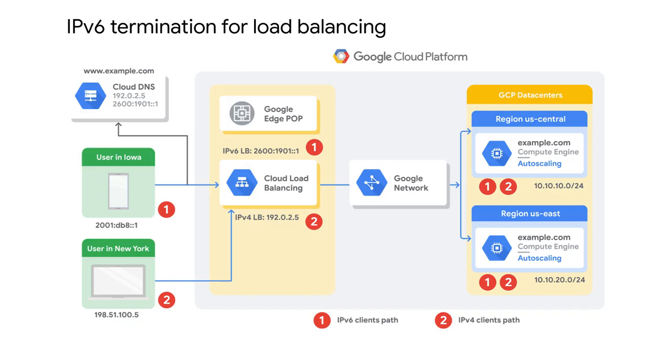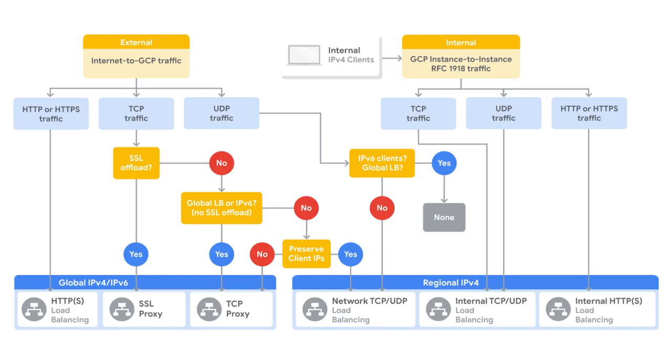IPv6 clients. Now, in order to decide which load balancer best suits your implementation of GCP, consider the following aspects of cloud load balancing: global versus regional load balancing, external versus internal load balancing, and the traffic type. If you need an external load balancing service, start on the top left of this flowchart.